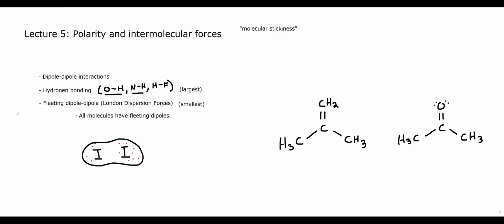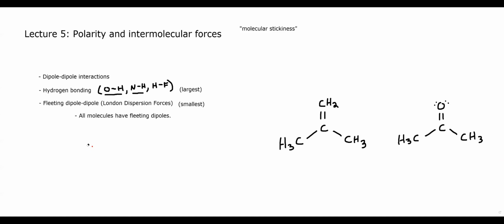So we could have more red dots over here, we could have more red dots over here, or it could be very equal, and we could have them spread out very evenly, okay? So fleeting dipole is simply the random movement of electrons. It's the creation of a very slightly partial positive or partial negative just based on the random motion of electrons. Okay, so every single molecule, to some degree, has fleeting dipole forces.